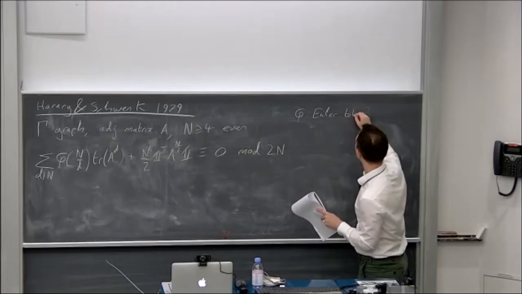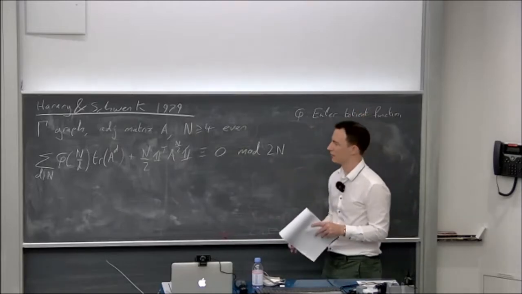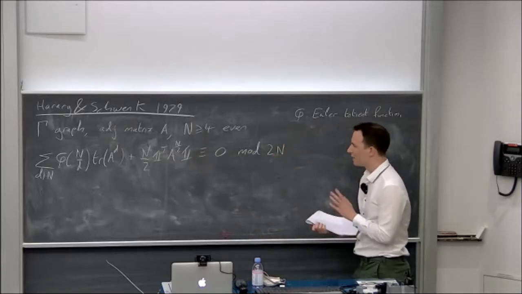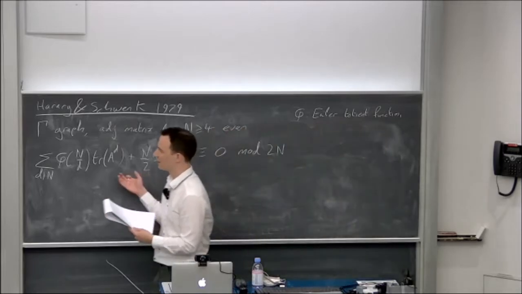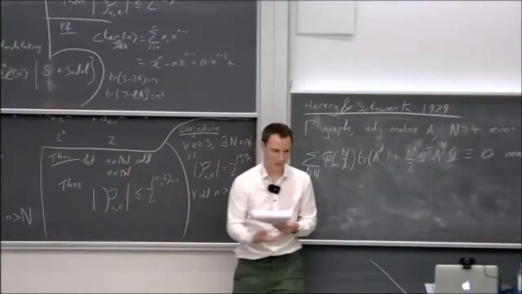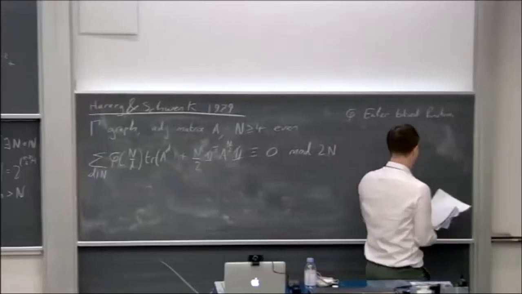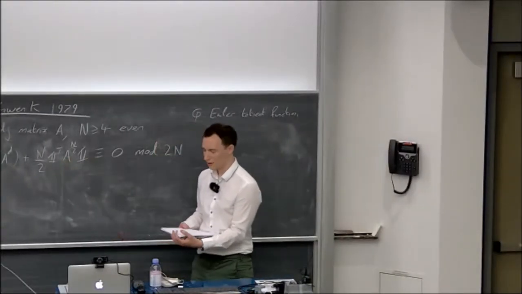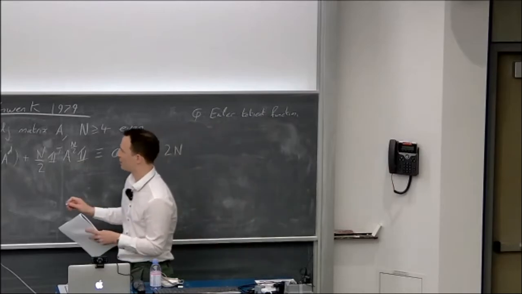This is a kind of amazing congruence, and this somehow tells us a relation between the coefficients that allows us to prove this theorem. Maybe you're not so attracted by this congruence at the moment, but once you see the proof, it becomes a bit more attractive, I think.